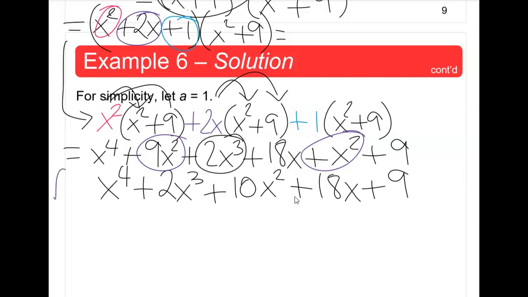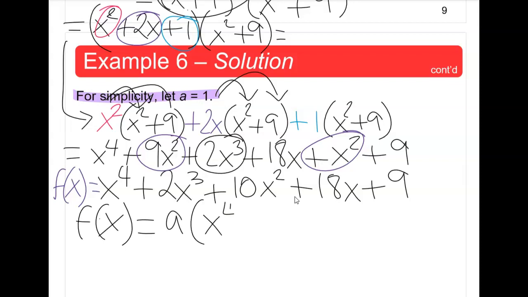Now, that is only because they're telling us here for simplicity, we'll let a equals 1. What is a? Well, a is actually the leading coefficient in this case. So it will still be here outside multiplying.